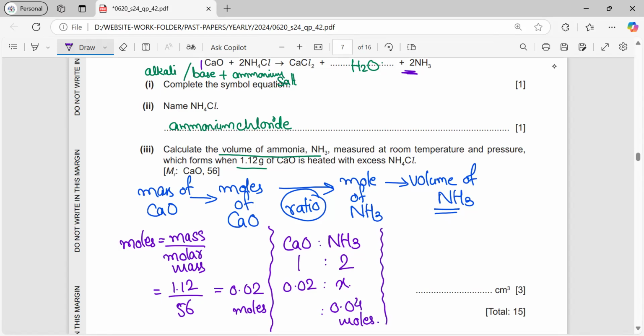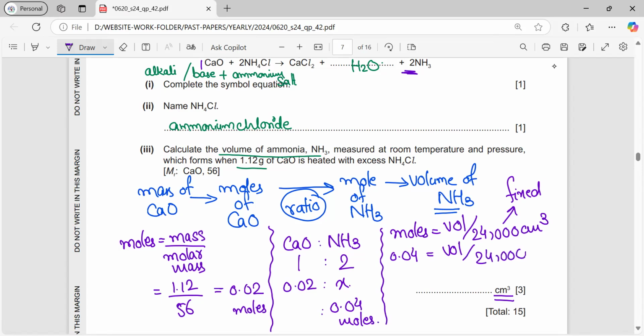Now we can calculate the volume of ammonia: moles is equal to volume over molar volume. The molar volume here will be 24,000, which is a fixed value if it is in cm cubed, and we want the answer in cm cubed. So the number of moles is 0.04. Volume divided by 24,000 equals 0.04. We take the 24,000 to the other side, multiply it with 0.04, and the answer comes out to be 960.